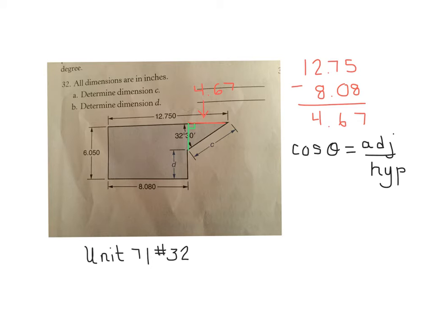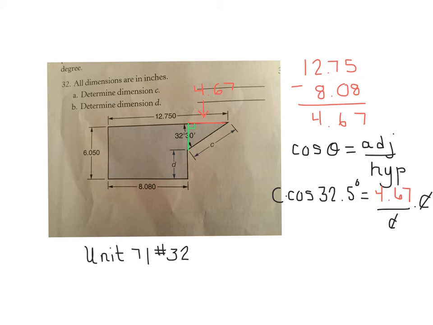So 32 degrees 30 minutes, if I change that to decimal degrees by dividing the minutes by 60, I have cosine of 32.5 degrees is equal to adjacent, 4.67, over hypotenuse, C. Now I want to solve for C, and it's in the denominator, so what I'm going to need to do is multiply both sides by C to get it out of the denominator.